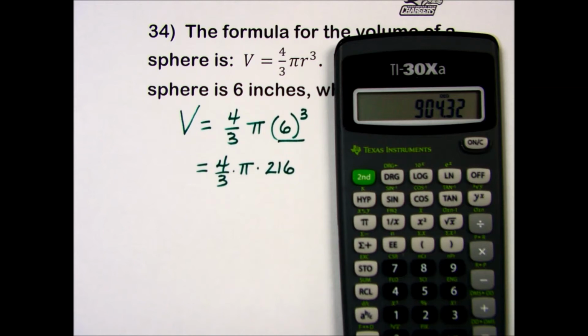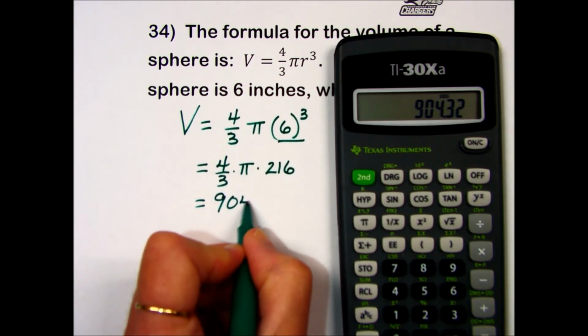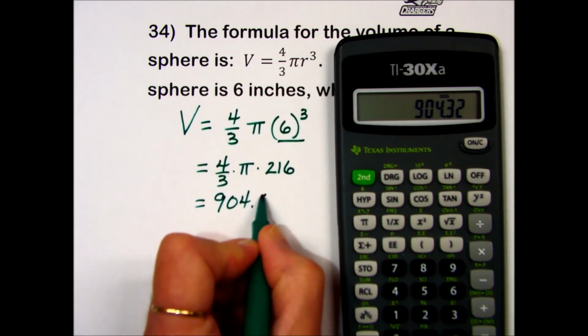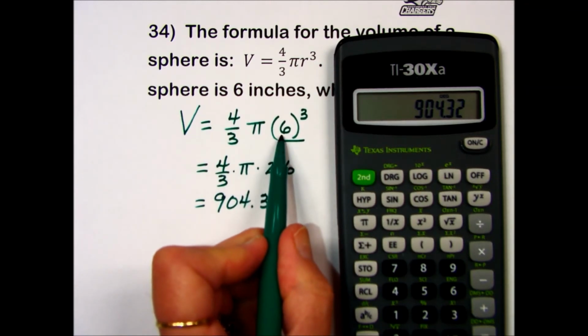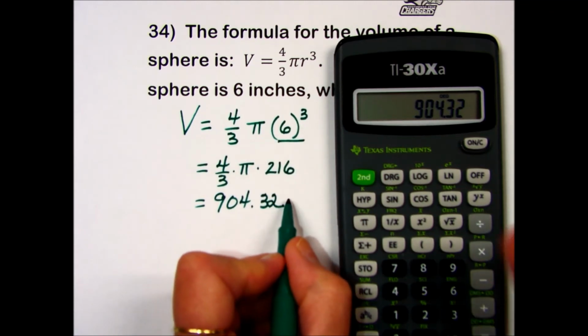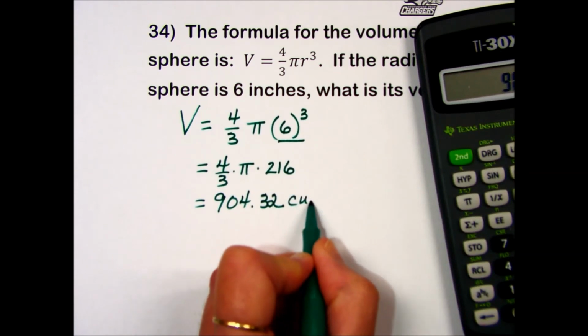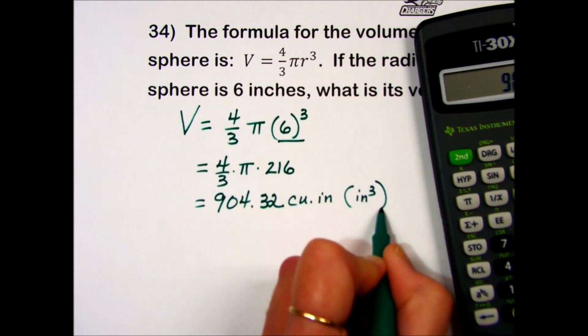Hit my equals. The volume of a sphere with a radius of 6 inches is 904.32, and as far as units, we had 6 inches that would have been raised to the third power. We're going to call that cubic inches, or it could be listed as inches to the third power.